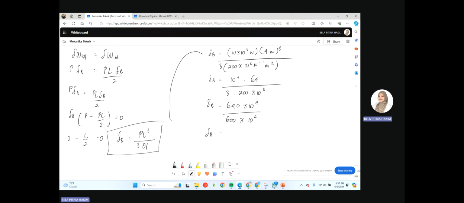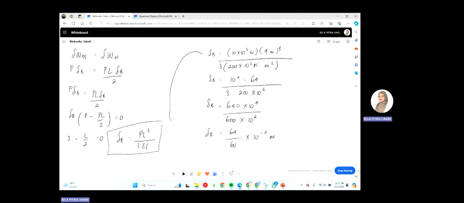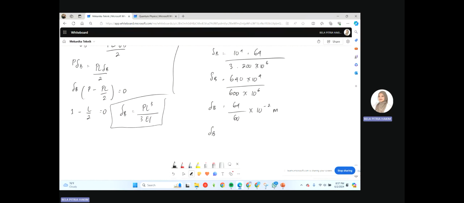So delta B is going to be 64 per 60, times 10 to the power minus 2, which is 1.067 times 10 to the power minus 2 meters, or 10.67 mm. This is how we find out that there is a movement.